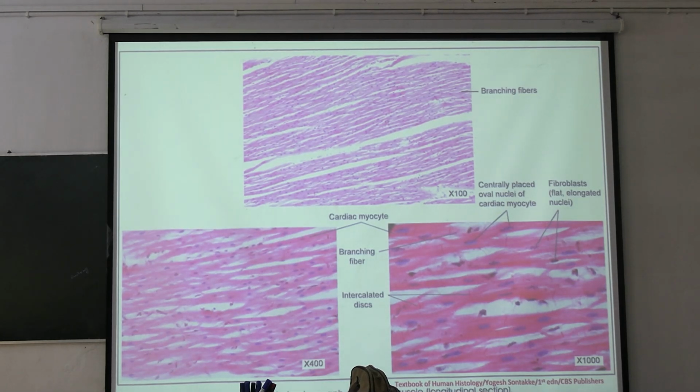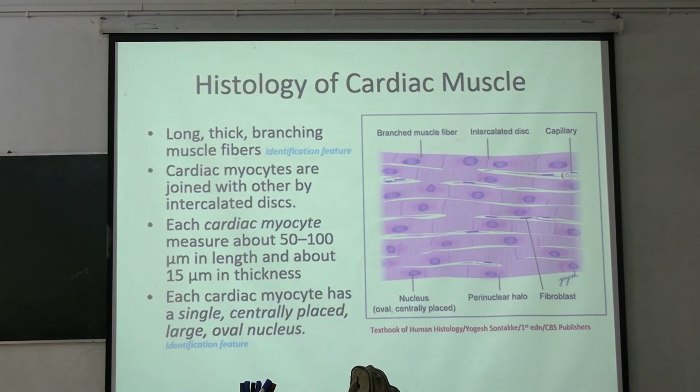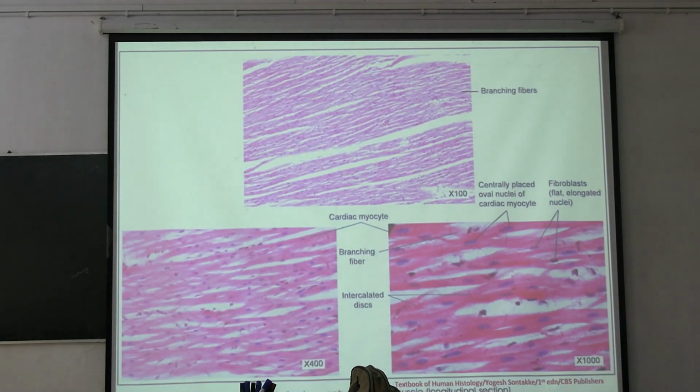See, this is the state of affairs under the microscope. That was the diagrammatic picture which you will draw in your histology lab book. The previous picture, I will just go back. This is what you will view under the microscope, and that is for your exam.